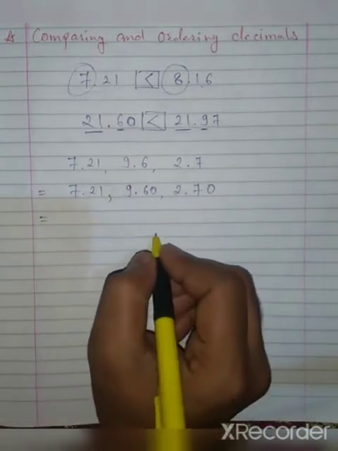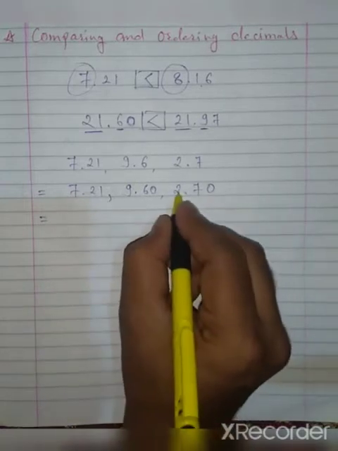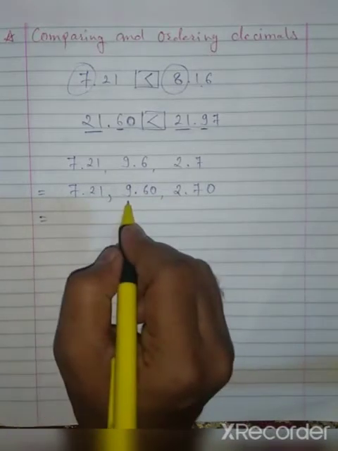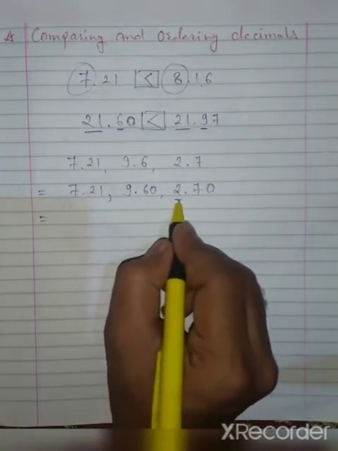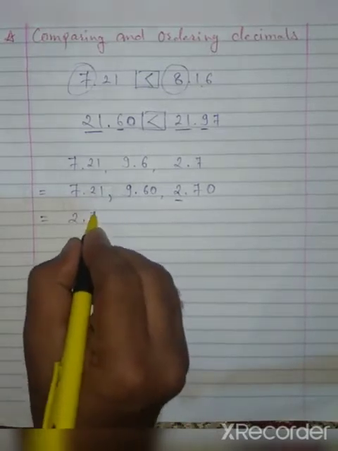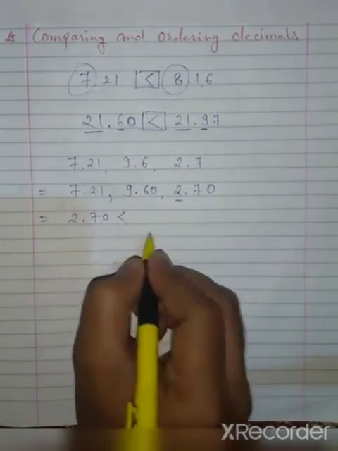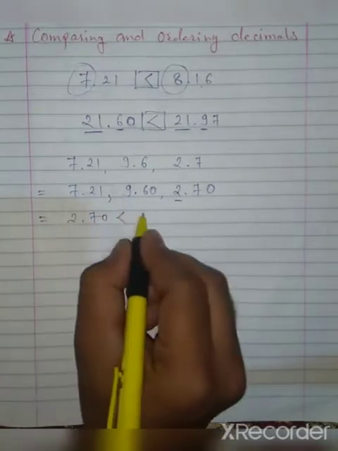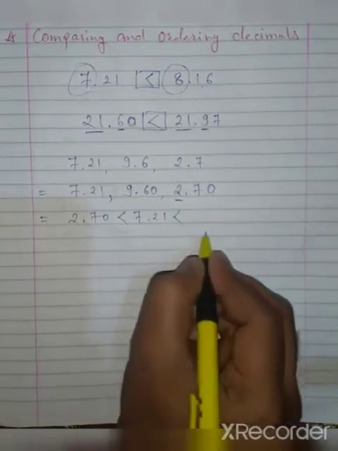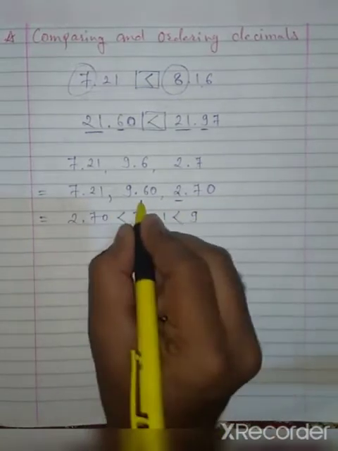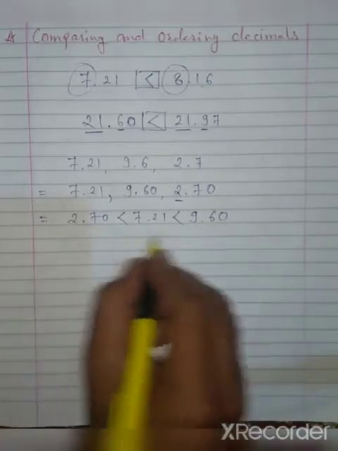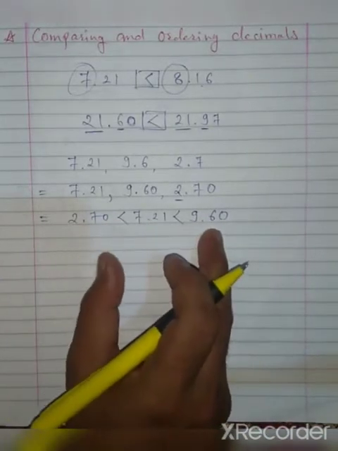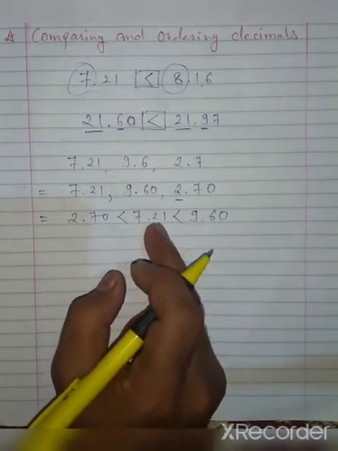So I am writing in ascending order here. First of all find the smallest: 7 point, 9 point and 2 point. So 2 is less than all, so 2.70 is smallest. Now here whole number is 9, and here is 7, so 7.21 is less than 9.60. We can order in ascending and descending order by converting into like decimals.